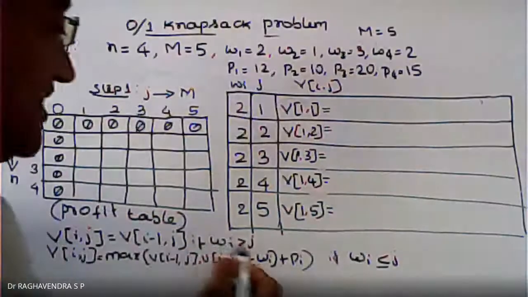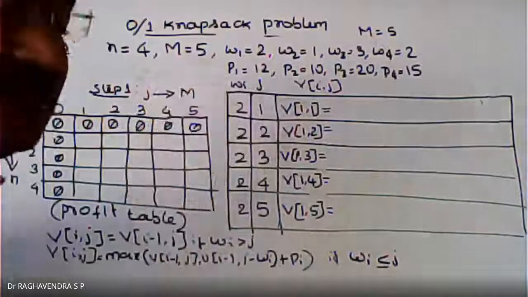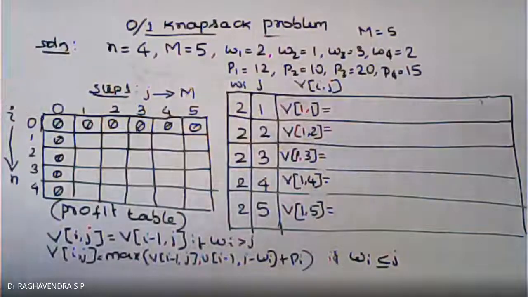Wi greater than J, because 2 is greater than 1.